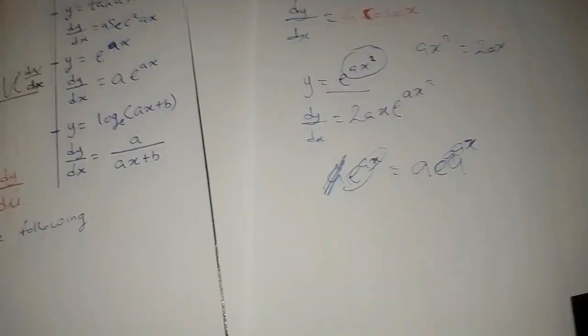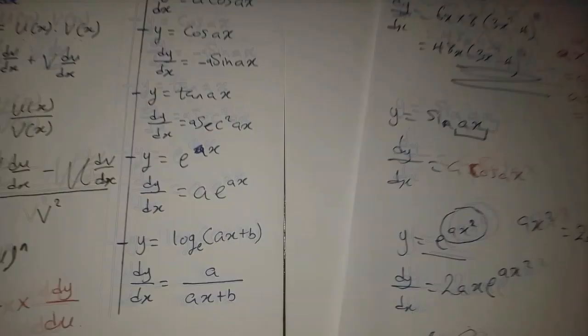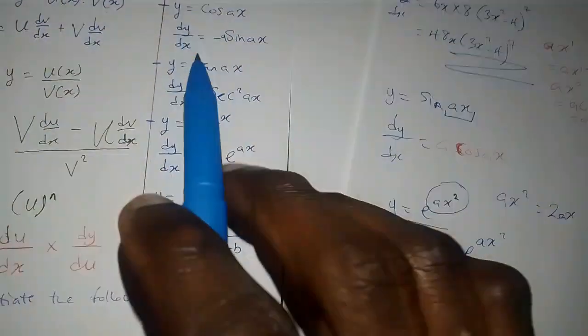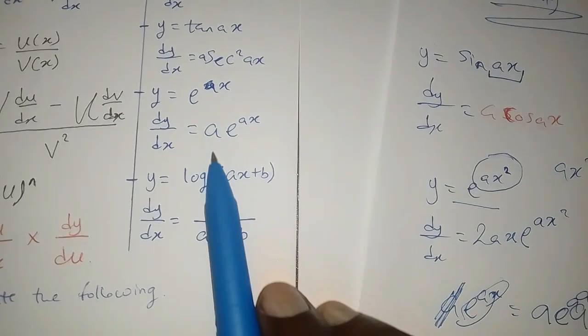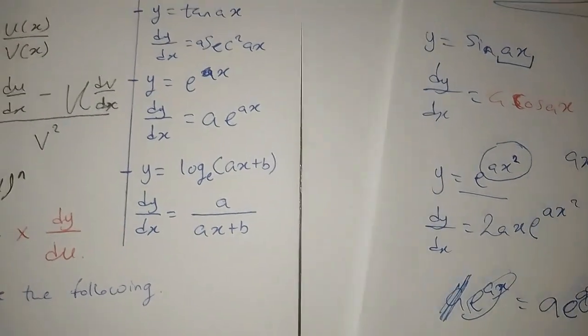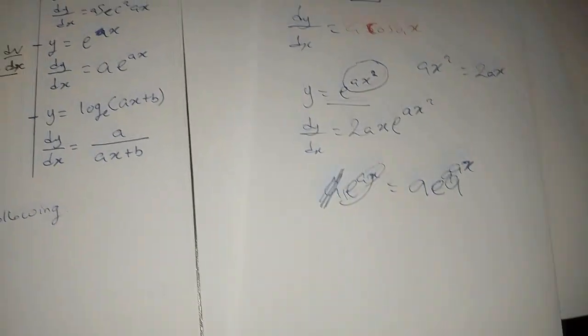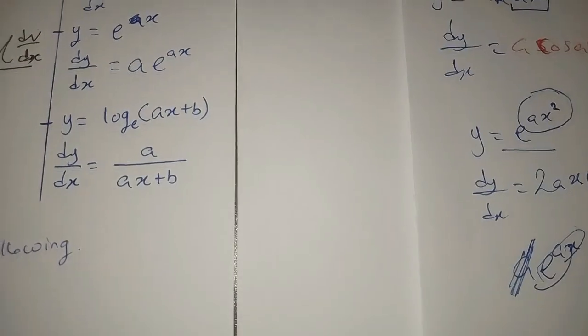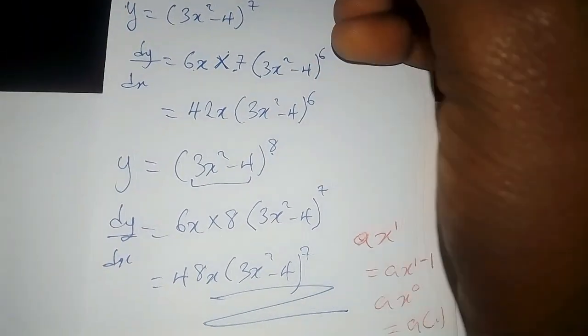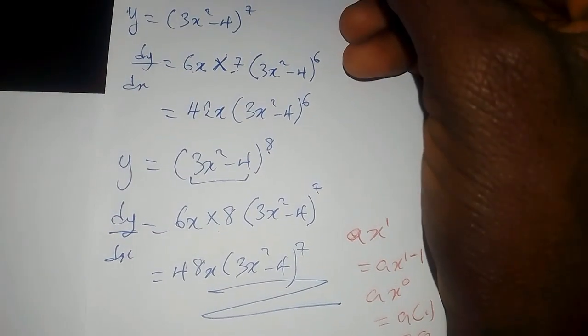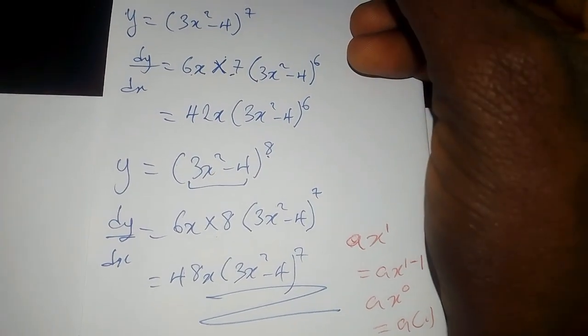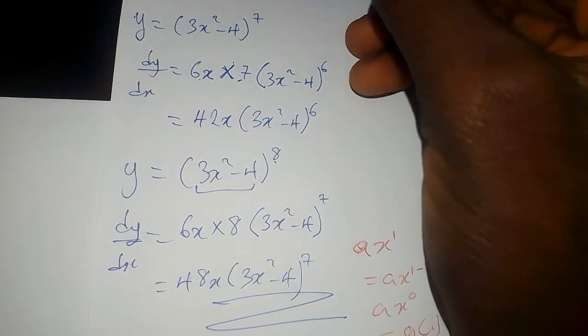Okay, moving to the next one. Now we talk about logarithm. If I have a logarithmic function, how do I differentiate it? It's actually very simple. For instance, I say y equals, let's say, log 3x.